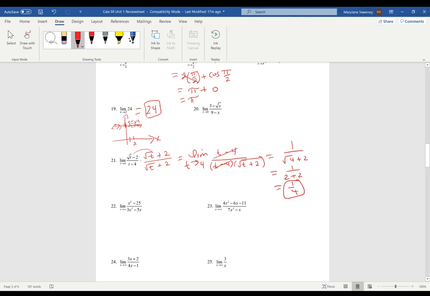Okay, now our limits at infinity. Remember, this is the work you have to show for limits at infinity. Limit as x approaches infinity, you are going to divide everything by x squared, and that's because that is the highest power of the denominator.